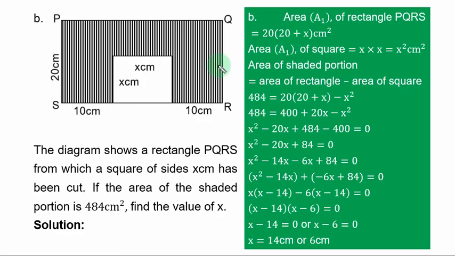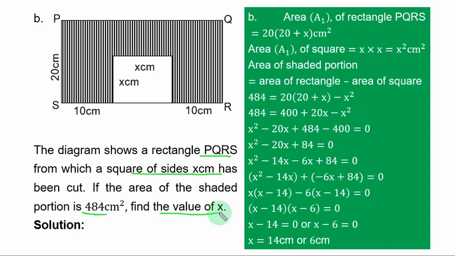Question 2b. The diagram shows a rectangle PQRS from which a square of size s centimeters has been cut. If the area of the shaded portion is 484 square centimeters, find the value of s.